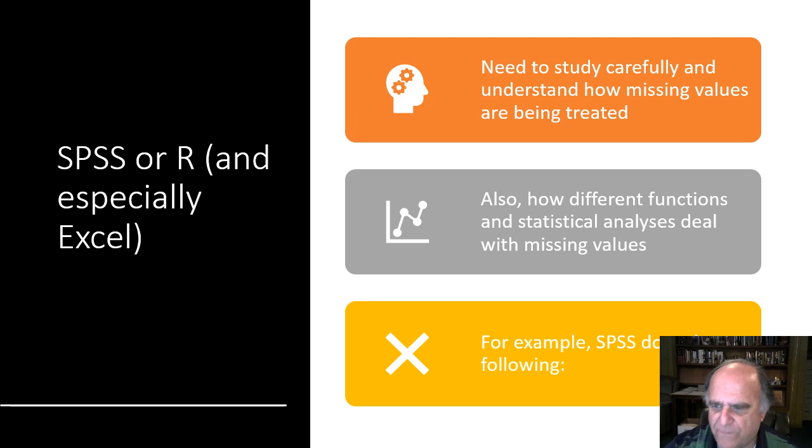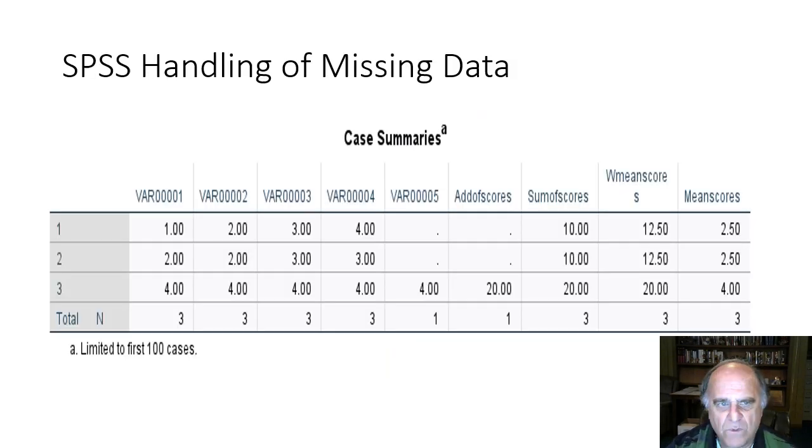So, for example, this shows you how SPSS handles various missing data. You can see I have 3 participants here. Participant 1 is missing the 5th variable. Participant 2 is missing the 5th variable.